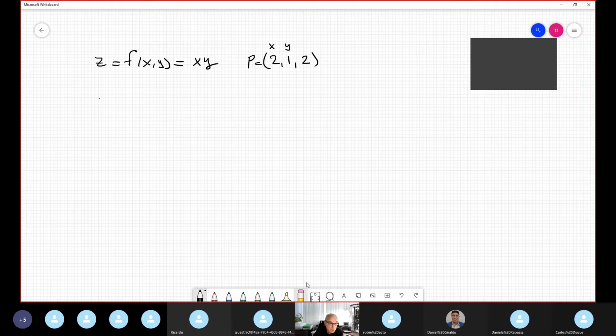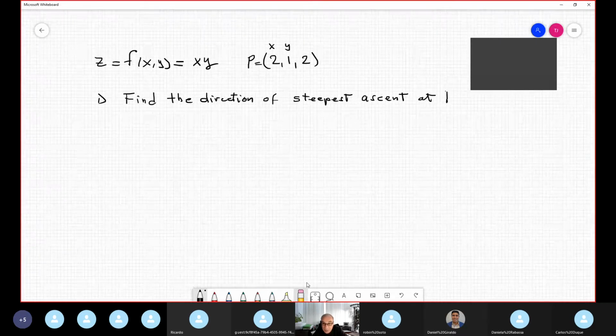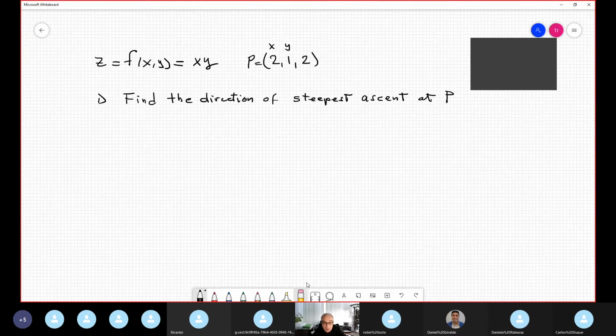The first question is: find the direction of the steepest ascent at this point, at P. So we are at the point P, which is 2, 1, and xy, and z is 2.